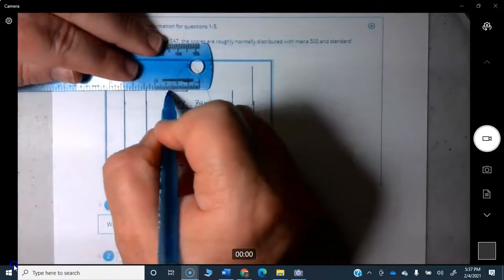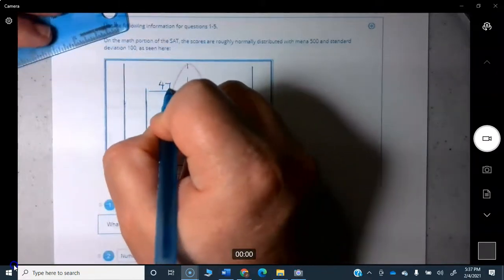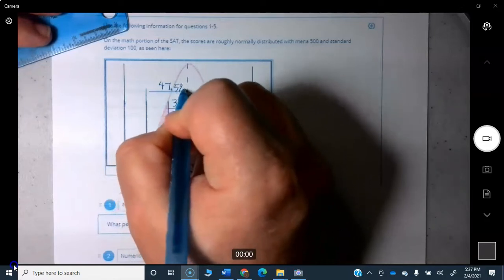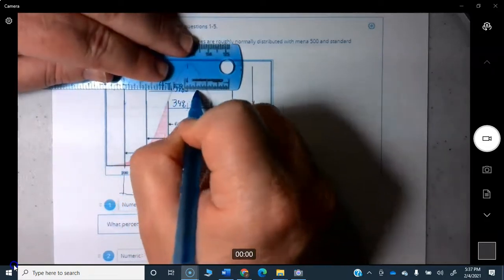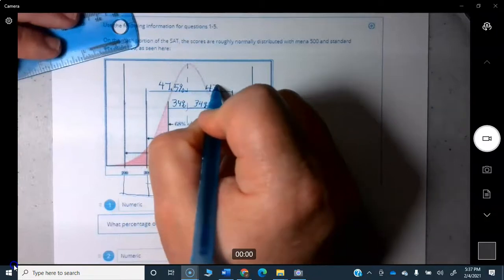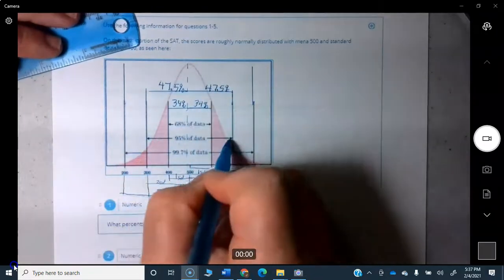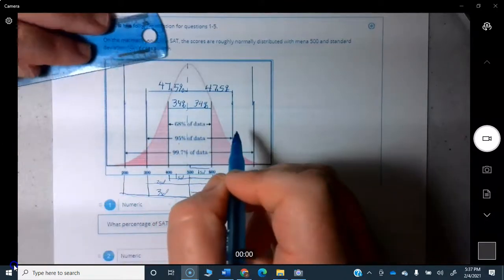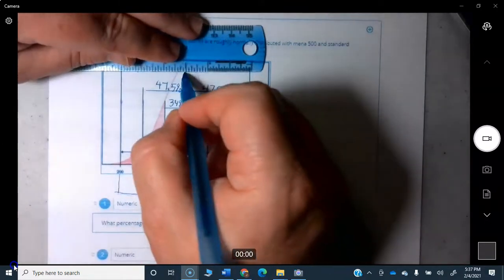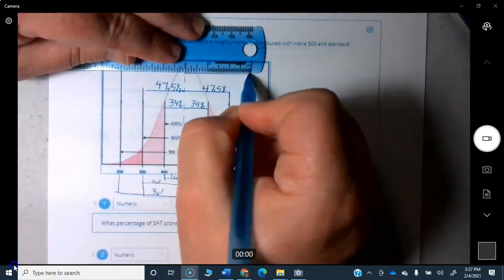So from here to here, that's 47.5%. And from here over to here, that's 47.5%. Add those together, you get the 95% between those two lines. And then this one is 99.7.